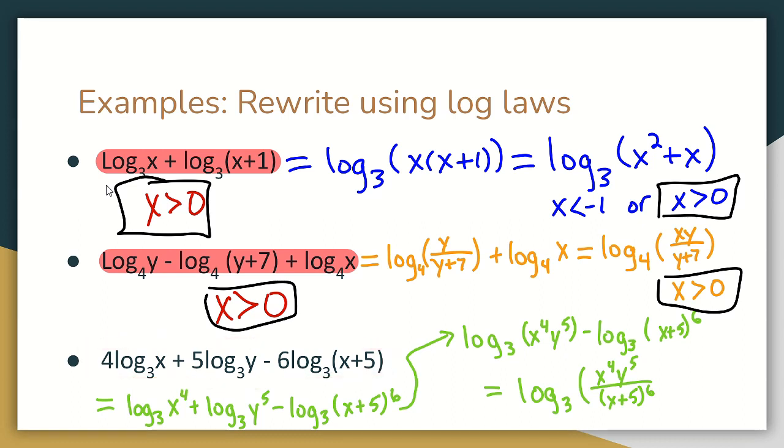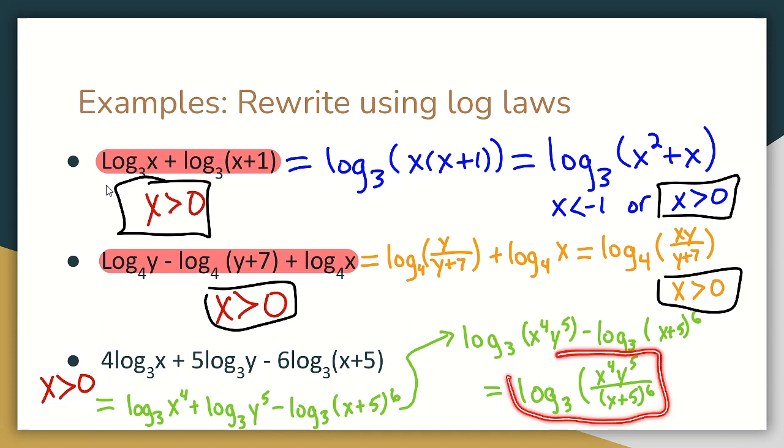So x is greater than 0. So in the original equation right here, if we have a negative x, that doesn't work. But notice that as soon as we rewrite it, it's a problem. Here, x has to be greater than negative 5. But that's less restrictive than this. So x must just be greater than 0.